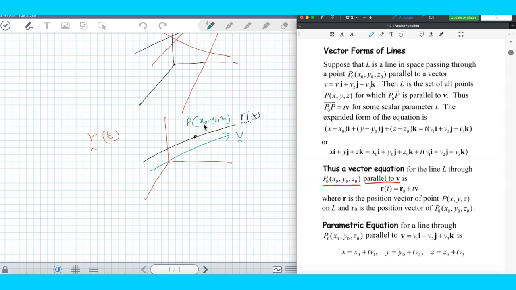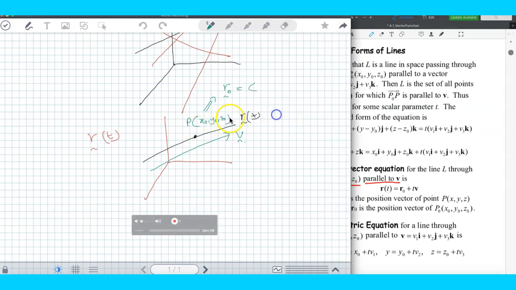When you have the position vector, you write it down as r naught. You convert the point P into a vector form. So now you have angle brackets. Okay, so the components of r naught are x naught, y naught, and z naught. Then you have the r naught vector, or position vector, at this point.